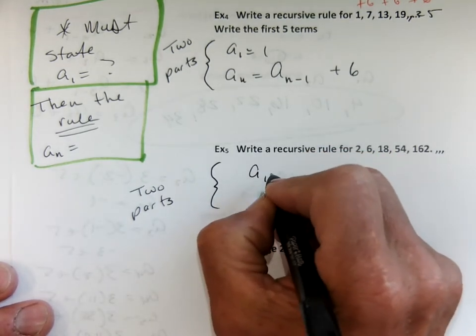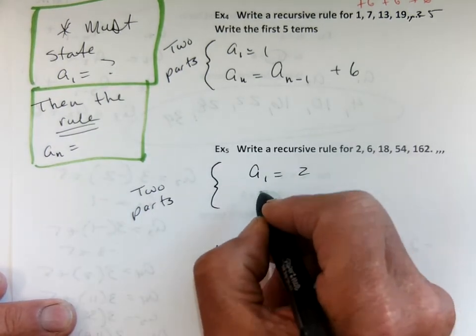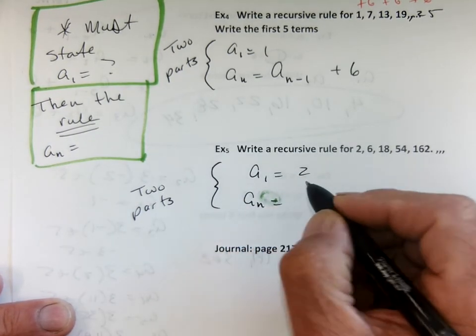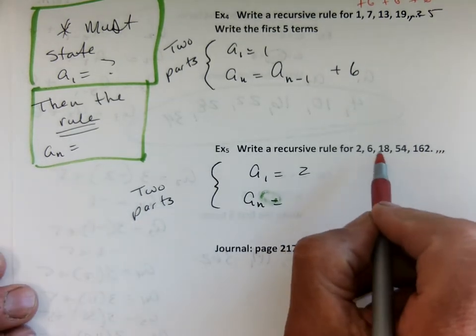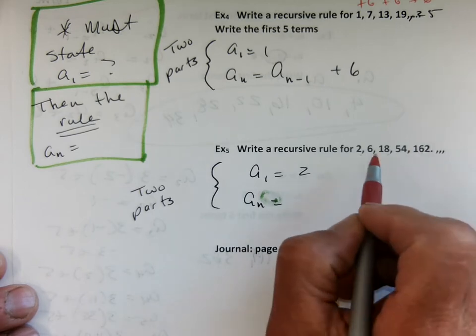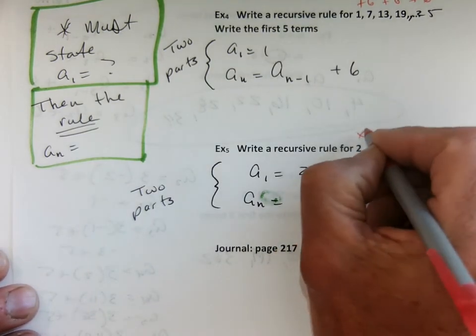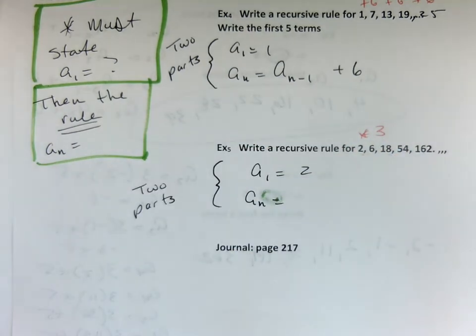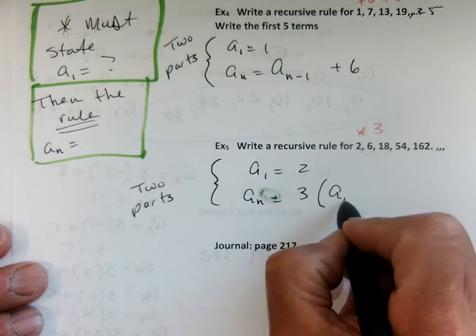So you got to say A1. You must state A1. A1 is 2. And then you go A of n equals. Well, what's going on? We're timesing by 3. So I'm going to go 3 times A of n minus 1.